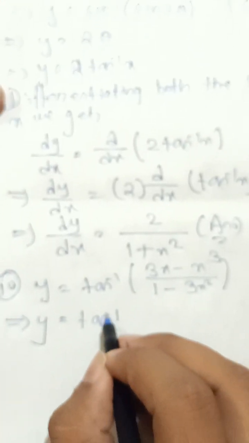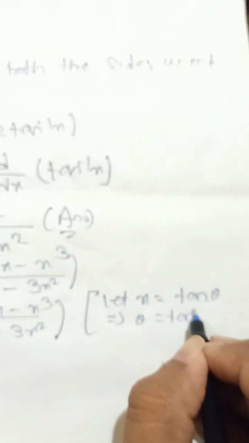Next question: y is equal to tan inverse of 3x minus x cube by 1 minus 3x square. Let x is equal to tan theta, which implies theta is equal to tan inverse x. Y is equal to tan inverse of 3 tan theta minus tan cube theta by 1 minus 3 tan square theta.